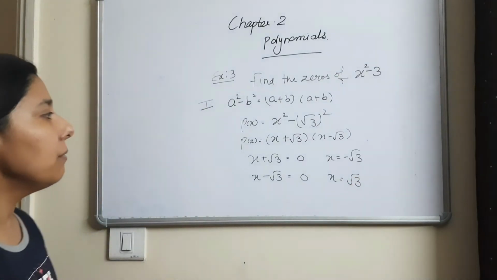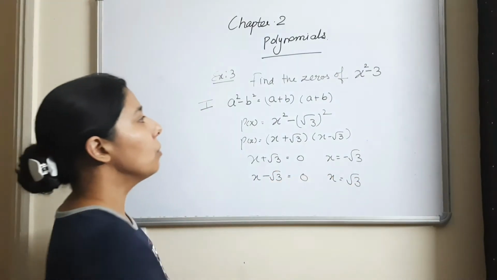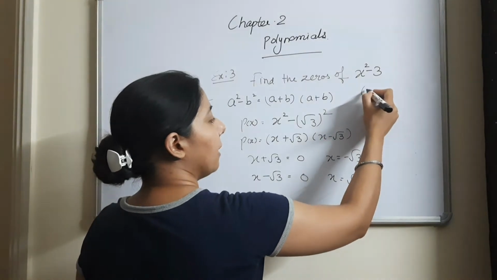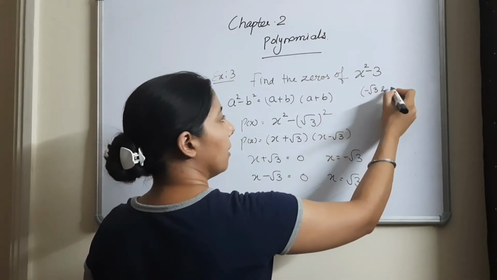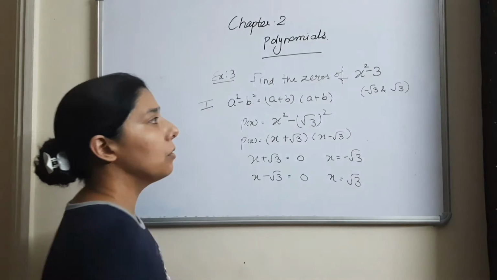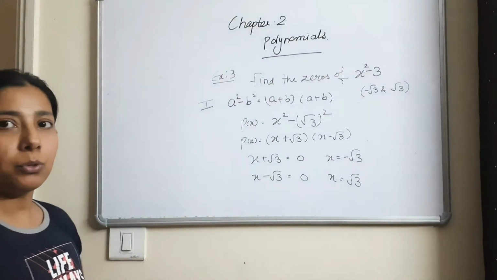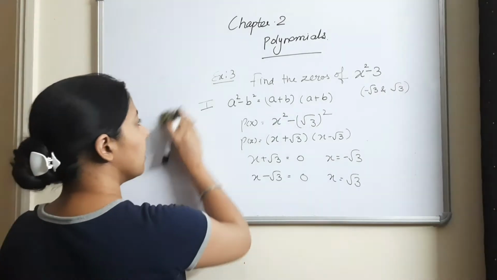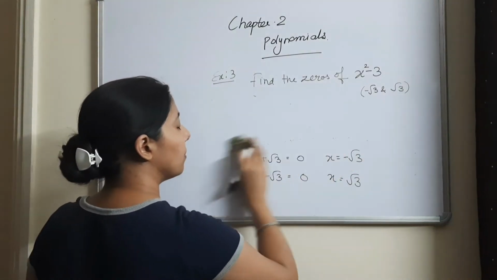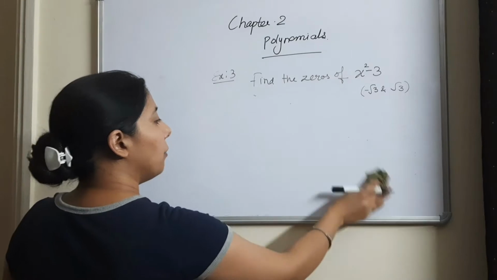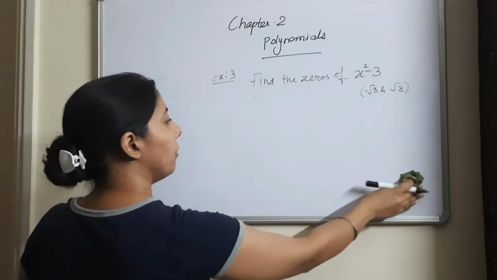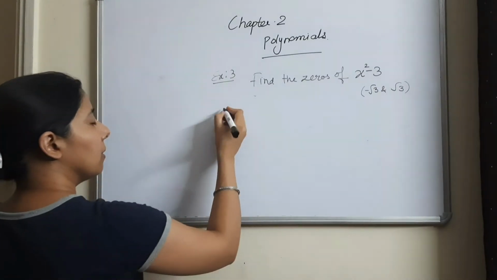So this is the first method. What are the zeros? You write it as minus root 3 and plus root 3 are the zeros of the polynomial x square minus 3. Now the second method that you can use to find the zeros of the polynomial is, if you want to make your notes, just pause the video there and make your notes.